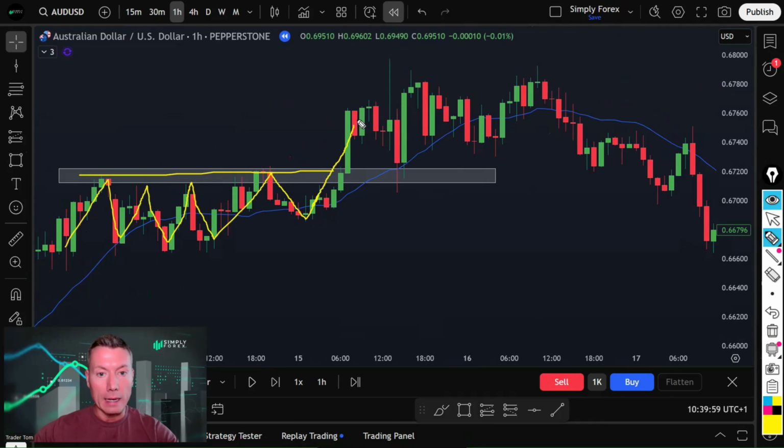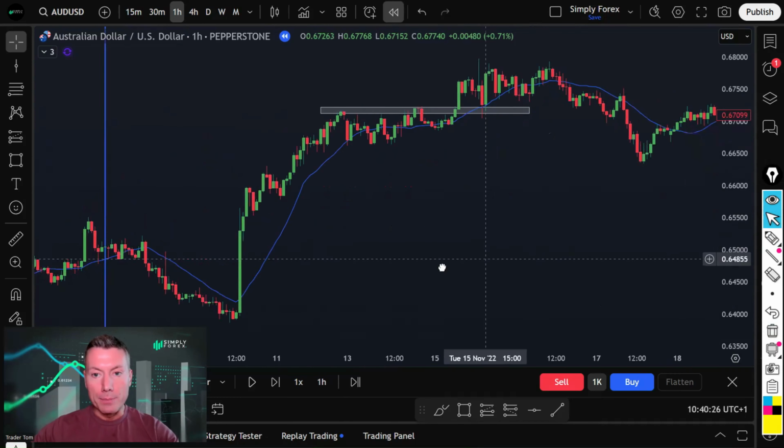Then it breaks that level, retraces, and what was once resistance becomes support. Then we get a nice bullish candle bouncing off that level. For added confluence, I like to be above the moving average 20. This is a pretty textbook A1 setup for me.